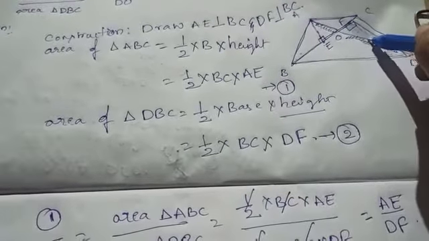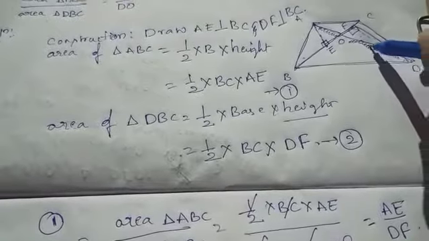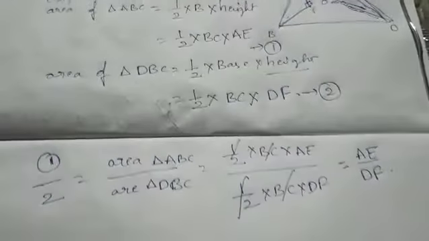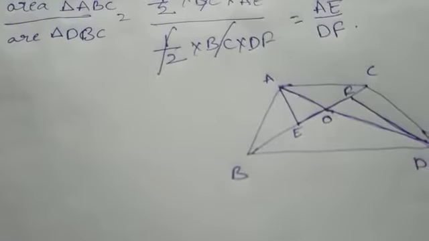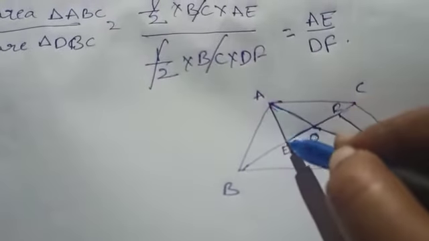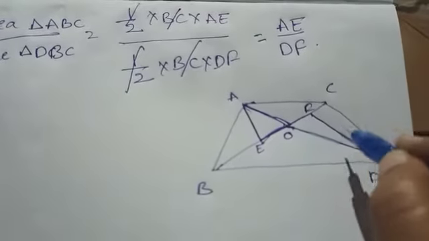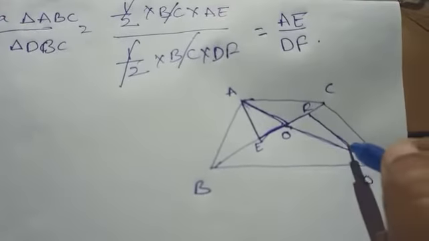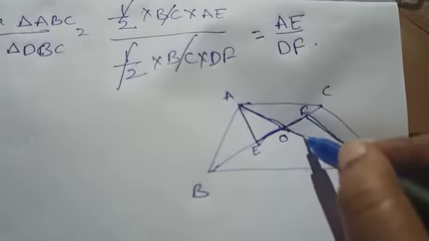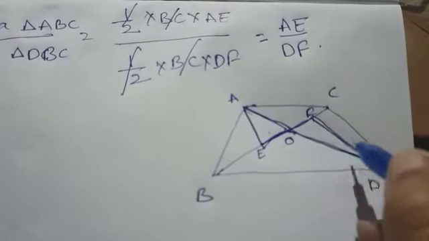These two triangles have sides AO and DO. Consider these two triangles.